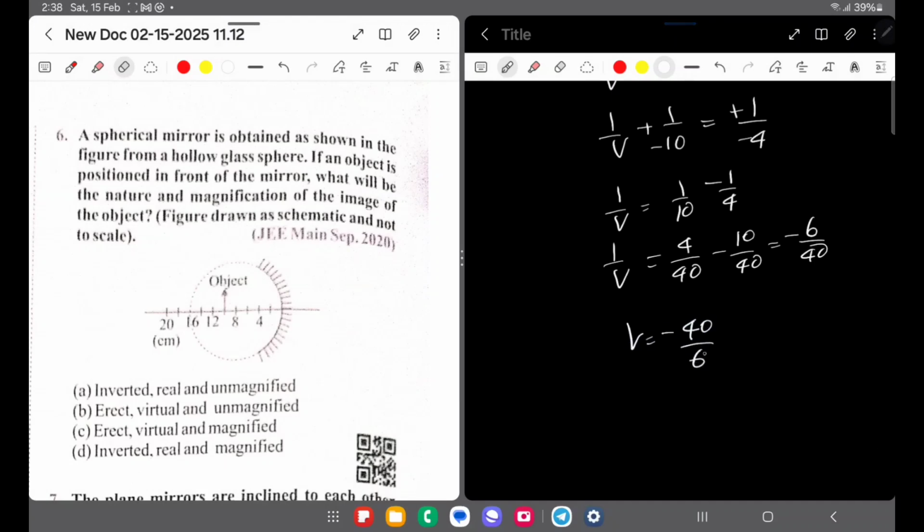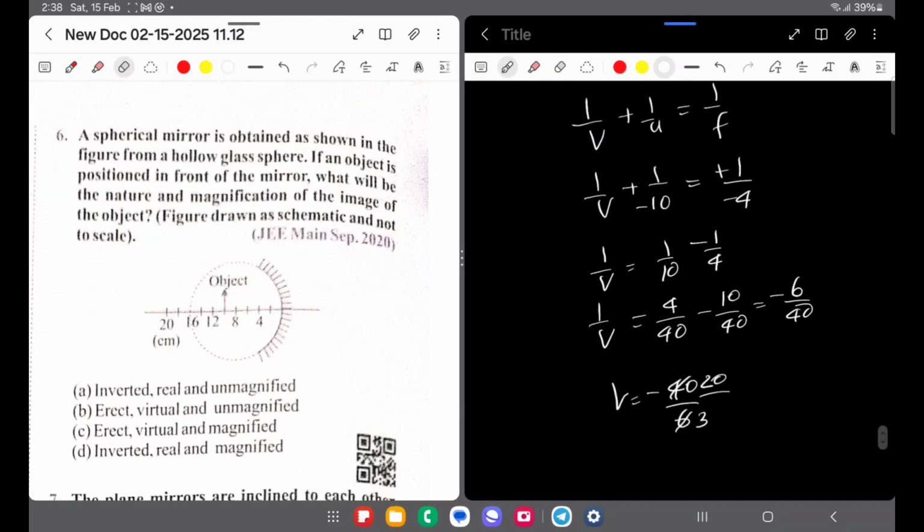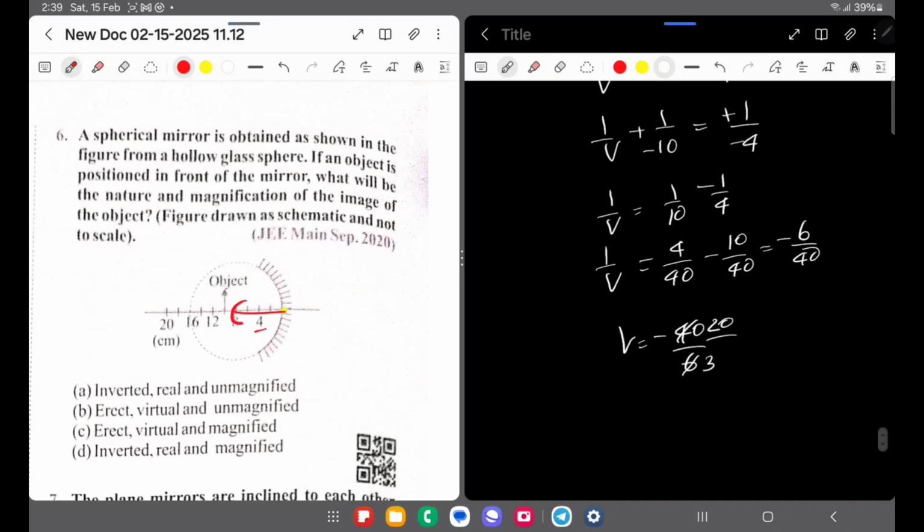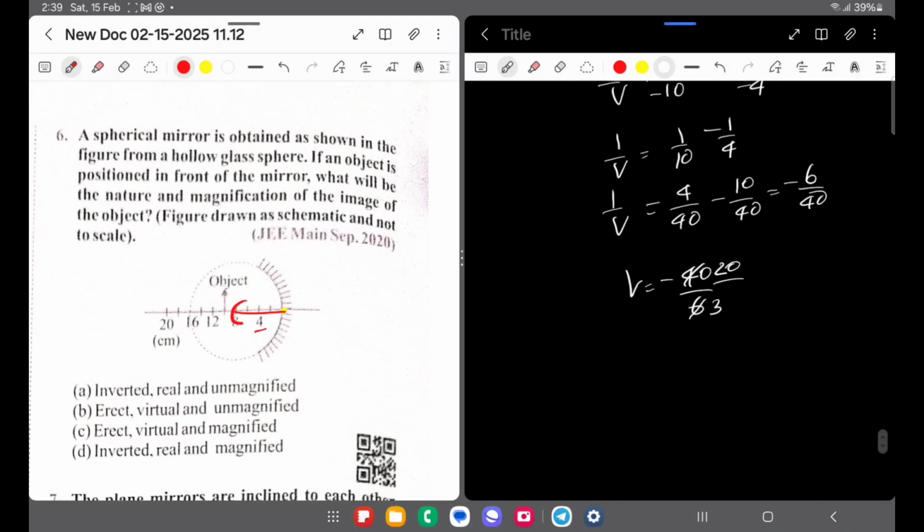On simplifying this, I can tell very clearly that v is negative, which tells you that the image is a real image, because the finally formed image is located on this side. That's why v is negative. So the finally formed image is a real image, and obviously it should be inverted also.